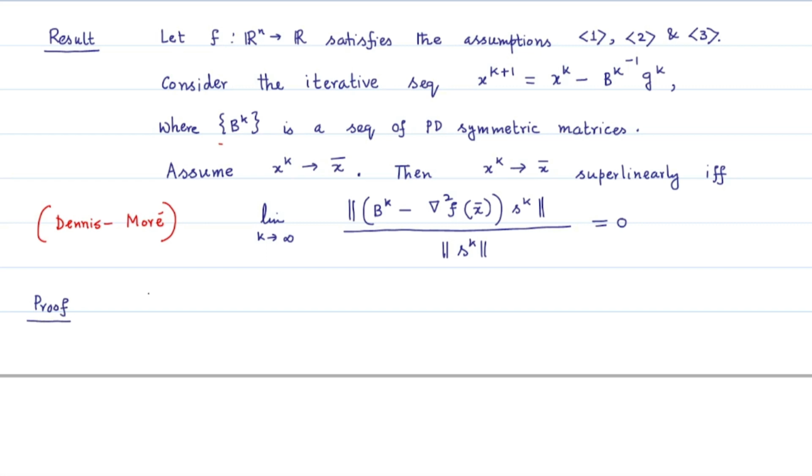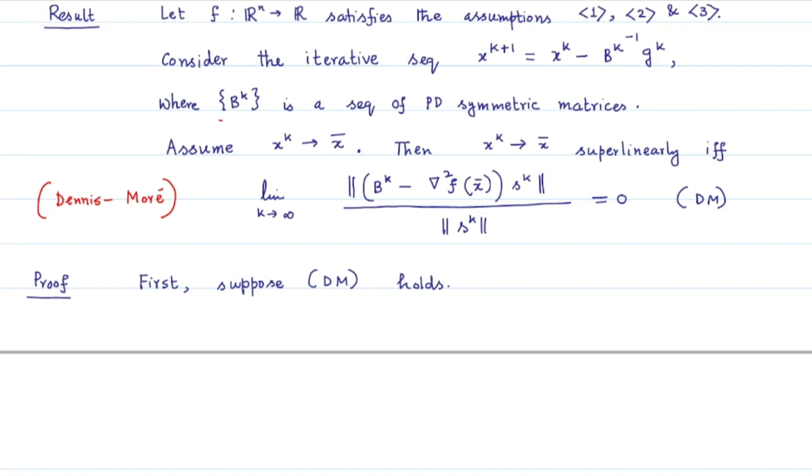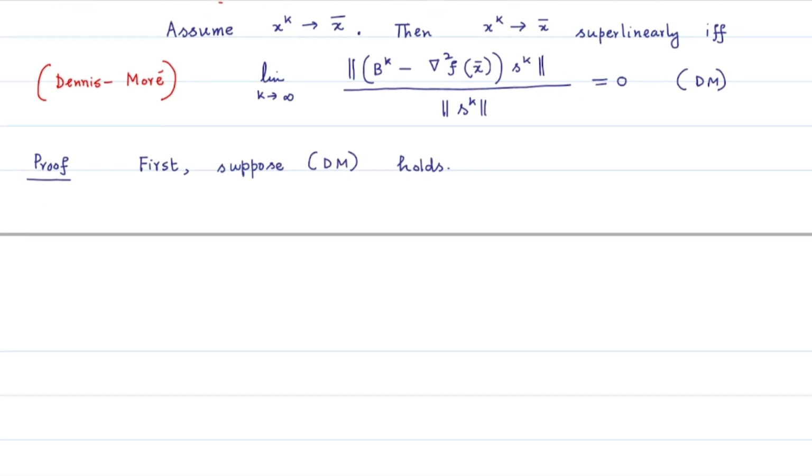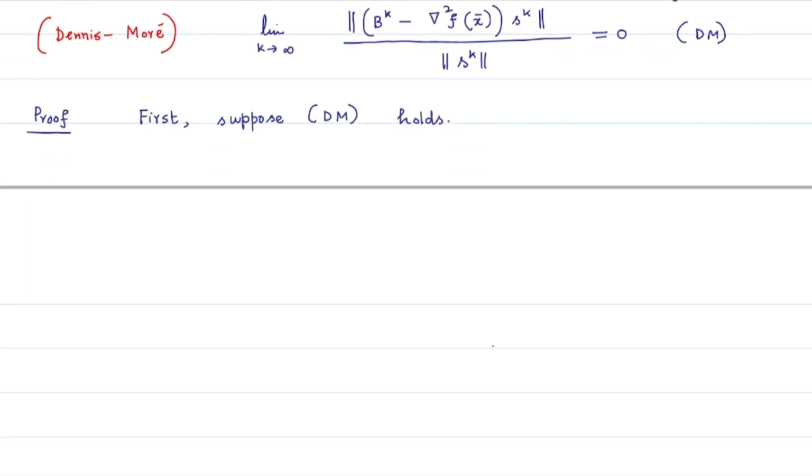For the forward part of the proof, let us name this condition, abbreviated, as DM. So for the forward part, we suppose that this Dennis-Moré condition holds. Now we will go with a calculation for the numerator in this Dennis-Moré condition.